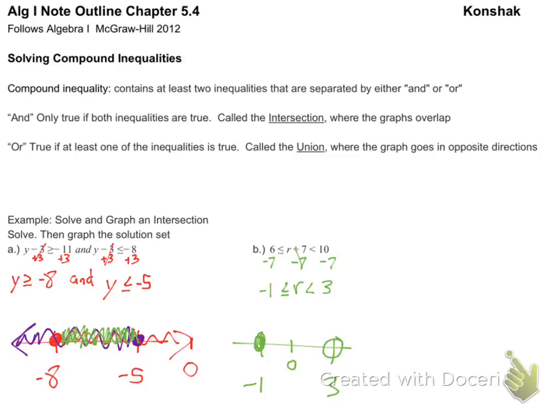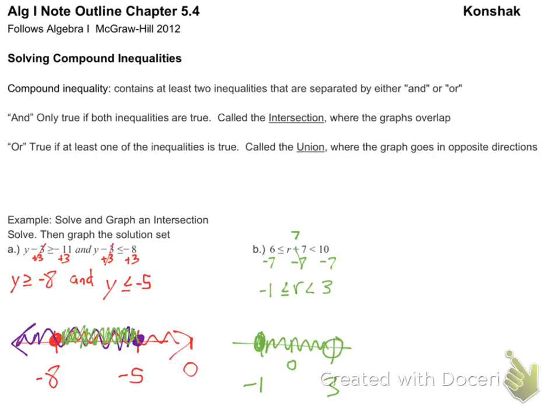So in that case, can I check 0? If I go back to the original problem, 0 plus 7 is what? 7. Is 7 bigger than 6, but still less than 10? So guess where I shade? I shade right down the middle.